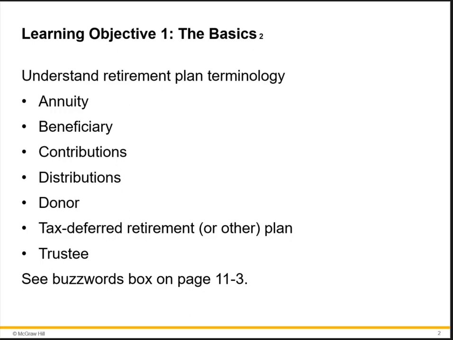Then there would be secondary beneficiaries that we also have to consider in our process. Contributions is putting money into the plan. Distributions is taking it out of the plan. Donor is the person giving it, or putting the money in.